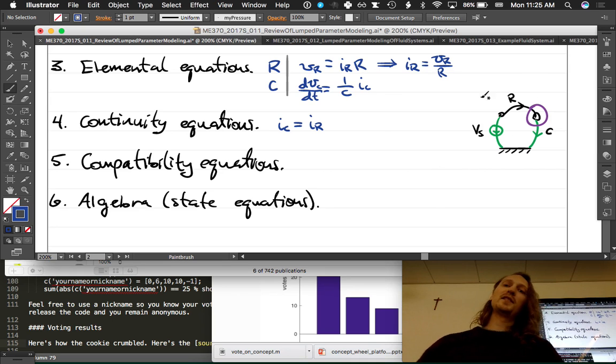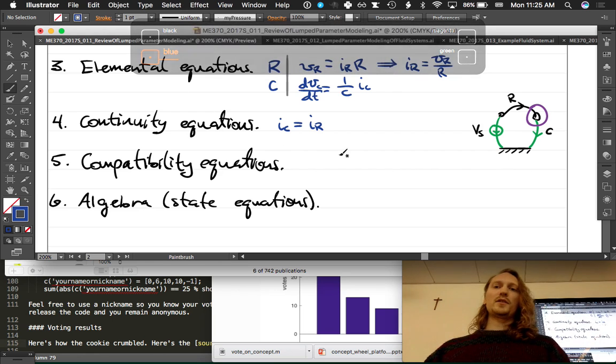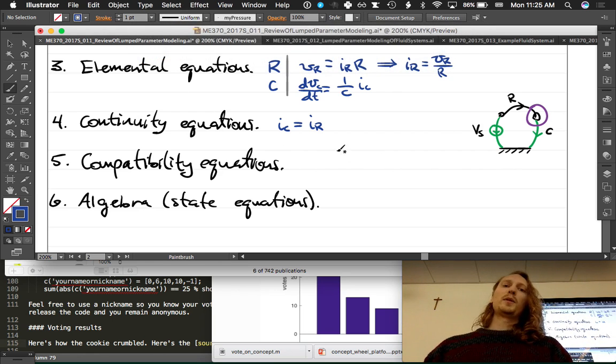In this case, there's only one link, so you just stick it in the normal tree, and you get this loop, which I like to write, once again, VR equals, because that's the across variable here, equals, and then I start at the tail of it, and I go to the head. So I say VS minus VC. It's just like vector addition.